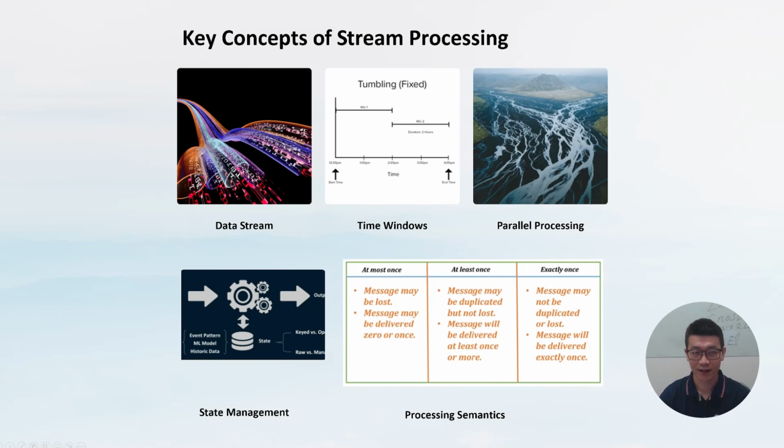Next, let's take a look at some basic concepts in stream processing. One of these key points is the data stream, which we mentioned briefly earlier but didn't emphasize. Here, we'll focus on the data stream. A data stream is primarily a series of continuous data, and these data points are ordered in time. For example, they arrive continuously as time progresses.